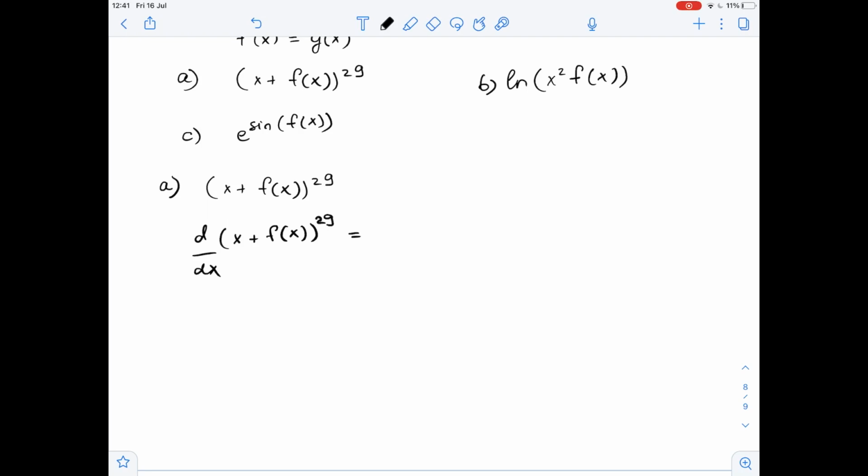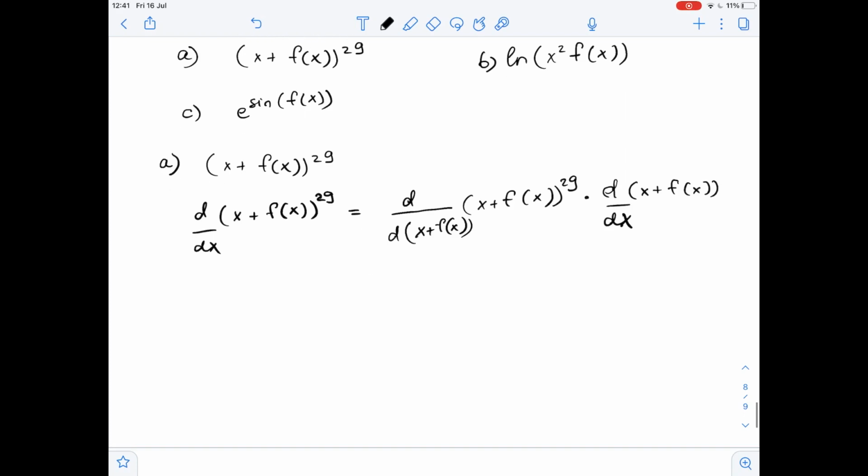So it equals the derivative of x plus f of x to the 29th power with respect to x plus f of x, multiplied by the derivative of x plus f of x with respect to x.